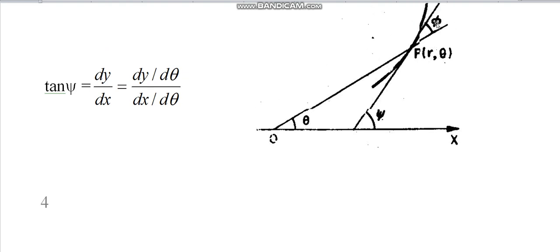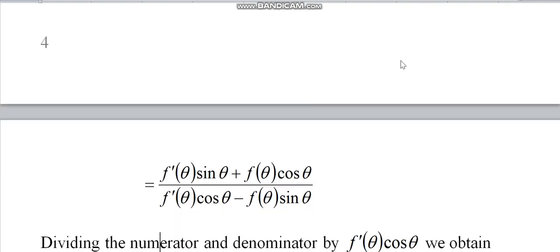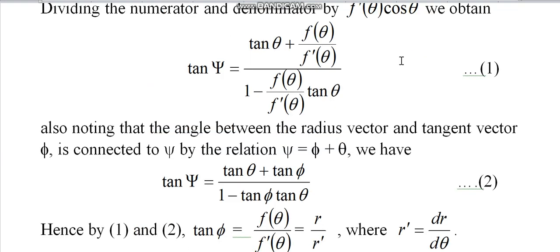Of course these two angles are opposite angles, therefore they must be the same. So the angle opposite to theta is nothing but theta, and psi is the angle outside the triangle. So we have psi is equal to phi plus theta. Psi is equal to phi plus theta, that you have to remember.